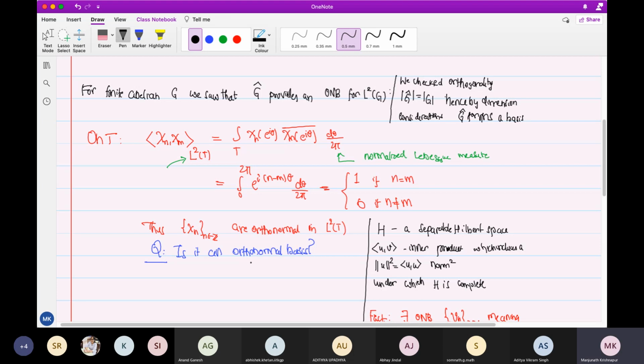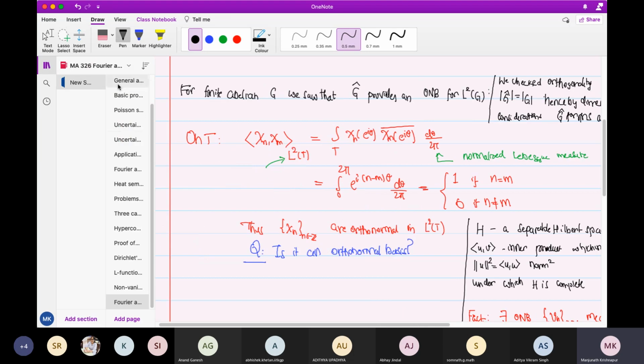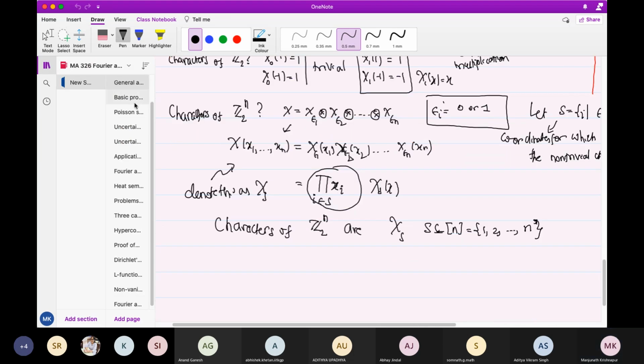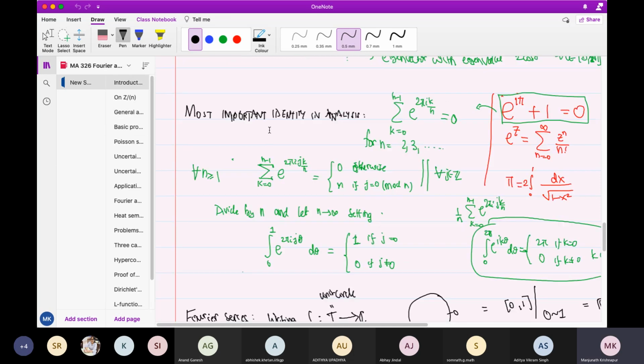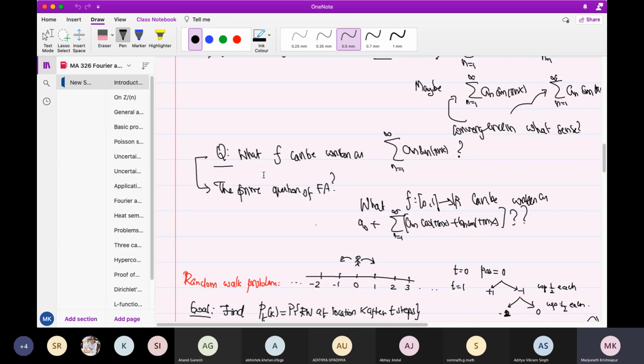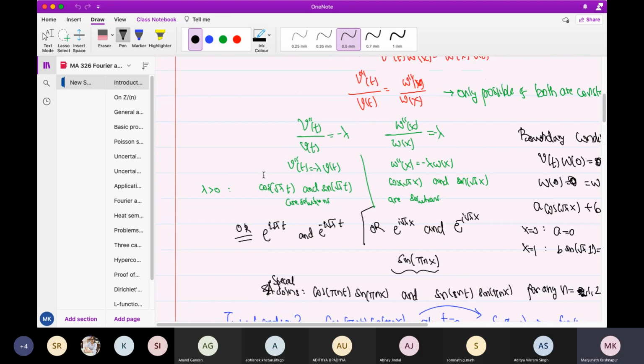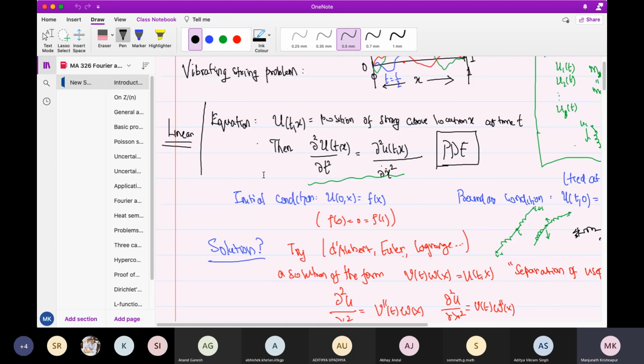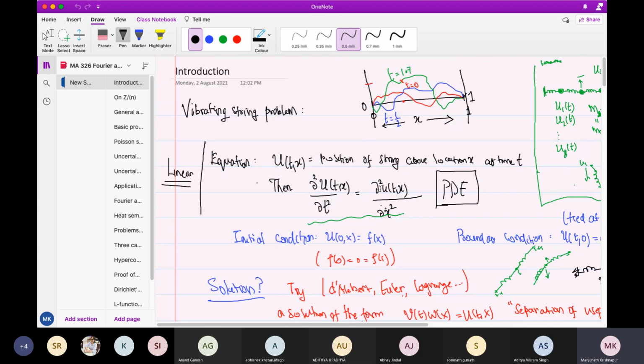By the way, this is a natural question considering what we have done in finite groups, but it goes back to the very beginning motivation that I gave from the vibrating string problem. In the introduction, I talked about the vibrating string problem. Let's quickly go over that.